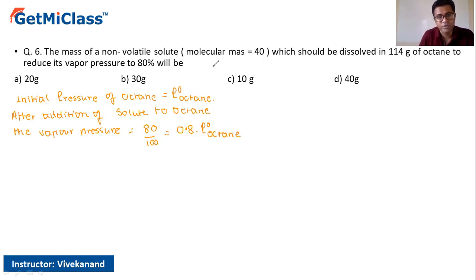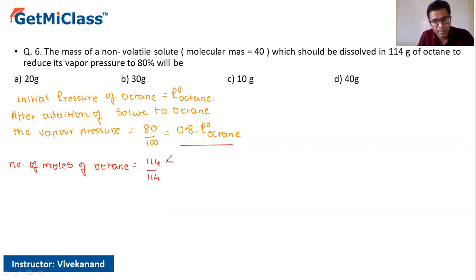Now this is the point that we need to understand here. The number of moles of octane is going to be equal to, as the molecular mass is 114 and 114 grams of octane has been used, 114 divided by 114.